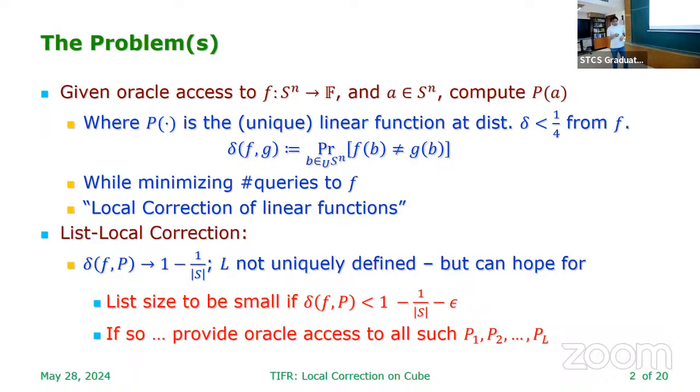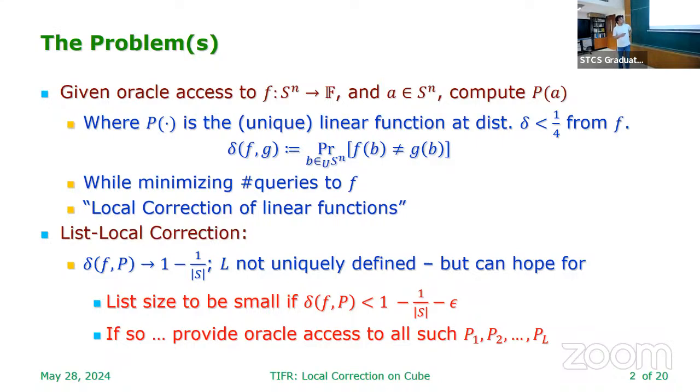We are given some point A in the domain, and we want to compute the value of the nearest polynomial at A. Distance between functions is the usual one: the fraction of points on which the two functions disagree. P is, in our case, the unique polynomial whose distance is at most 1/4 from this function. So the probability that the polynomial disagrees with f is at most 1/4.